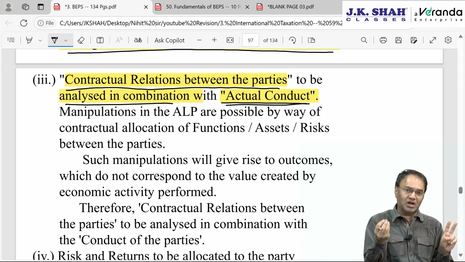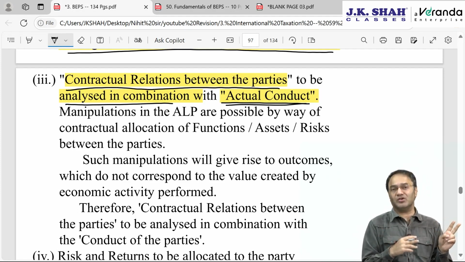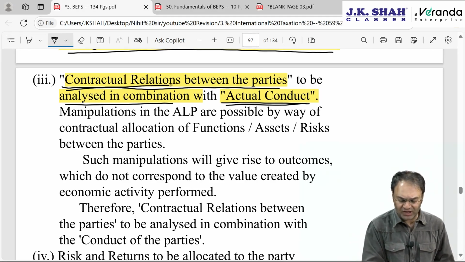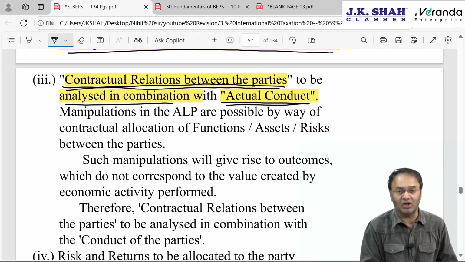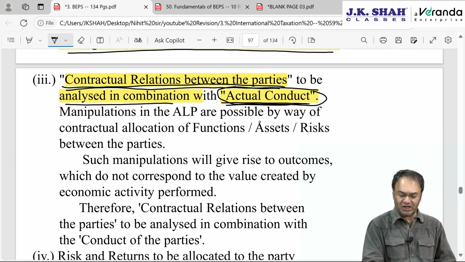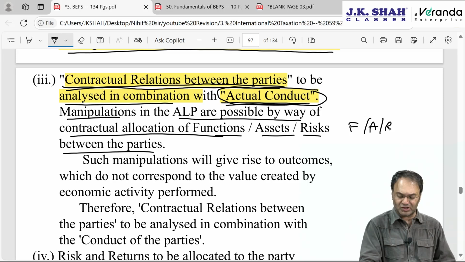Then a person having a net worth of 5 lakh rupees cannot have the capacity, that is financial capacity, to bear the risk of 5,000 crore rupees. So that is to be analyzed. That is what we say, contractual relations or contractual agreements between them should be analyzed having regard to actual conduct. So manipulations in the ALP are possible by way of contractual allocation of functions, assets and risk between the parties. We call it FAR analysis, functions, assets and risk analysis.